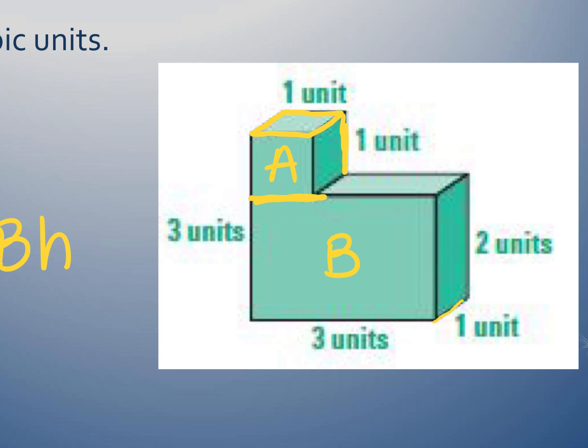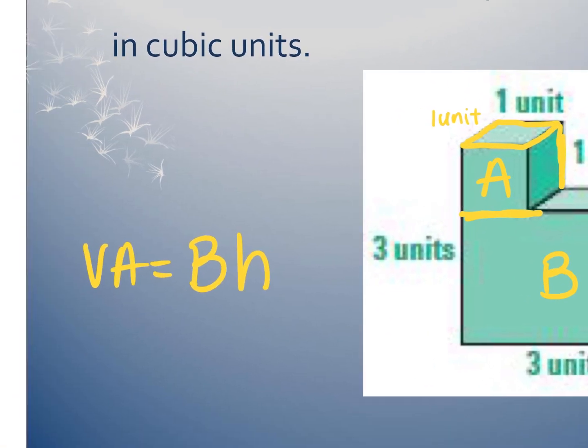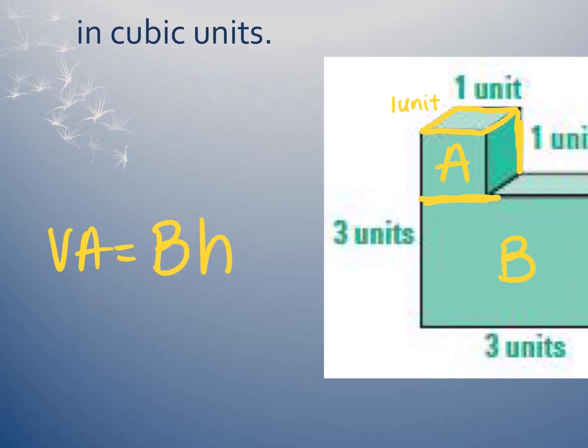Very good. Guys, look down here. Do you see how it's 1 unit thick, the prism? That 1 unit can be copied over here. So we now have 1 by 1 unit for the base. The base is a square, so the area would be length times width, or just length squared.